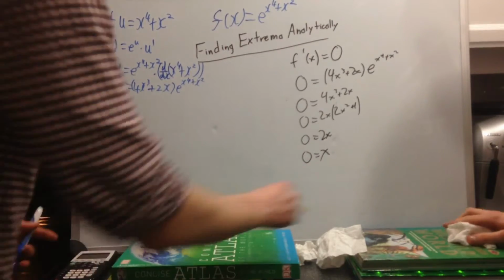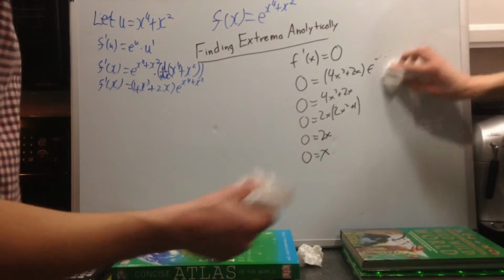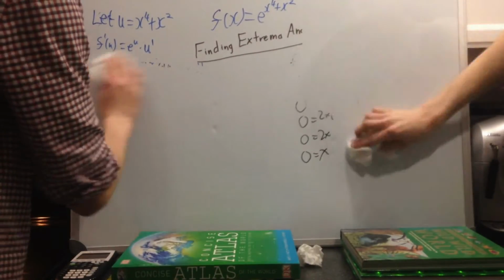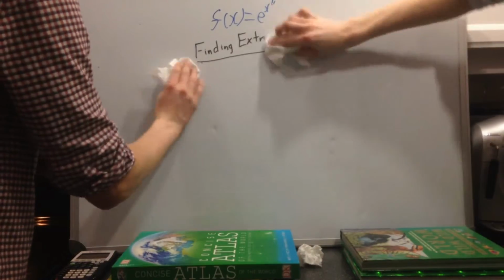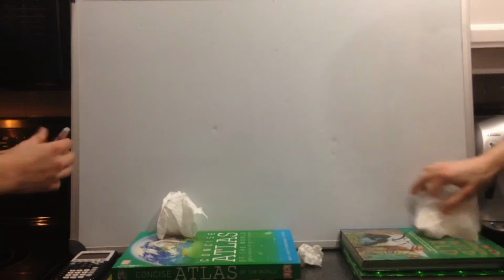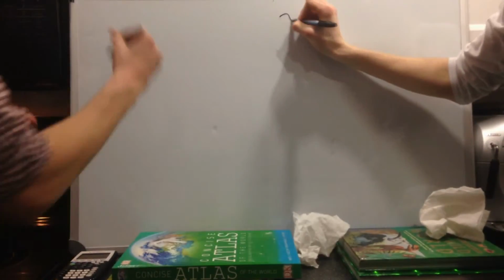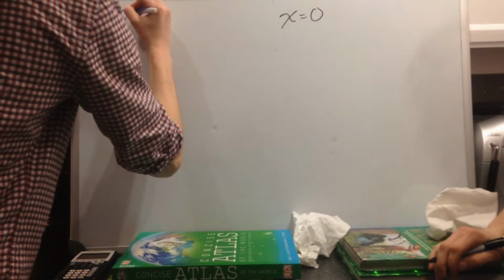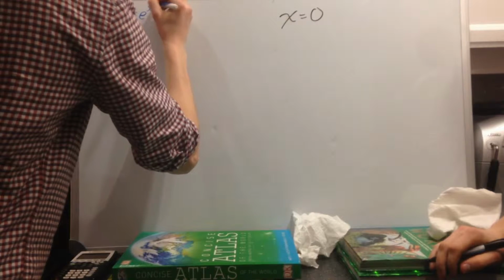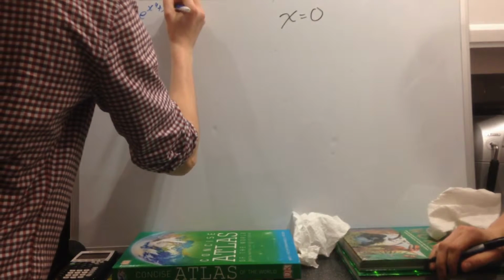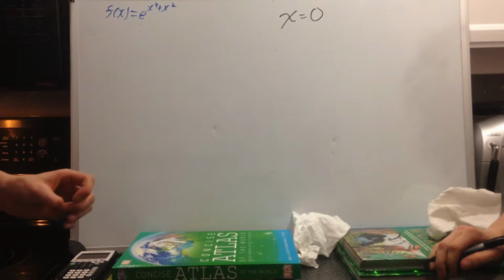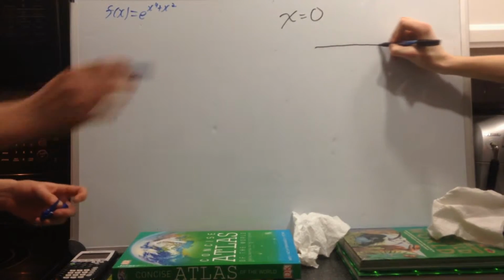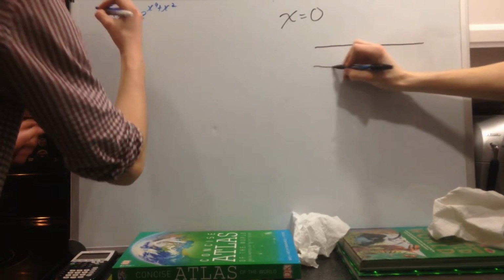So the first thing we're going to want to achieve is finding out the y value of that extrema. So we're going to sub 0 into our original equation.